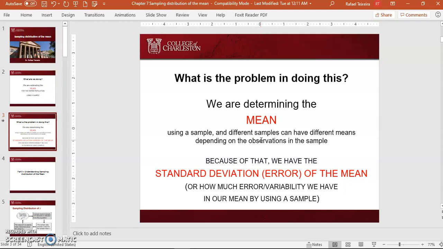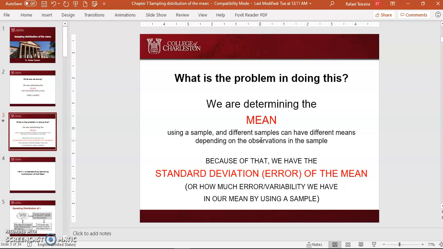Remember from one of our videos in chapter 6, we talked about the EAI company, and we have the population of 2,500 employees, and the slides have one sample, and I used another sample, and I obtained a different sample mean.